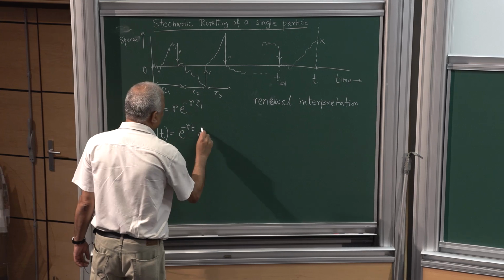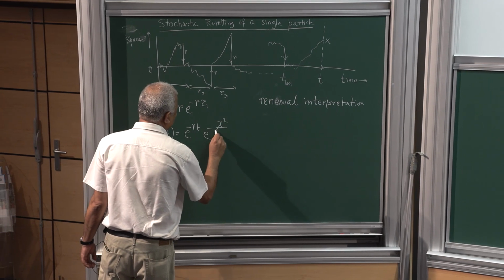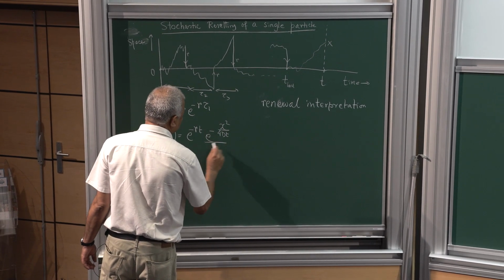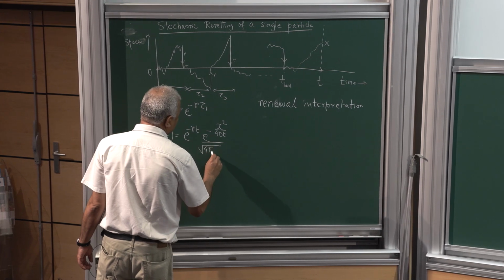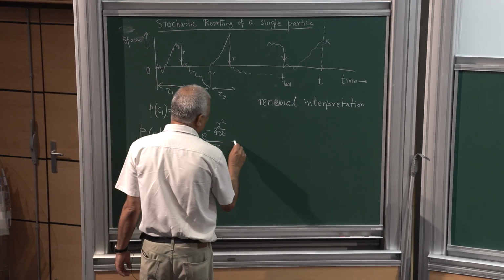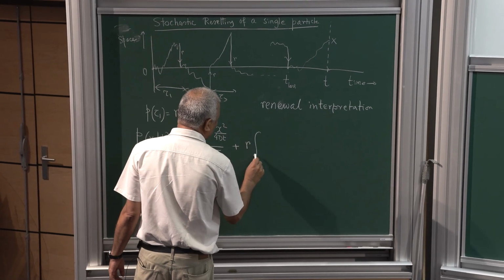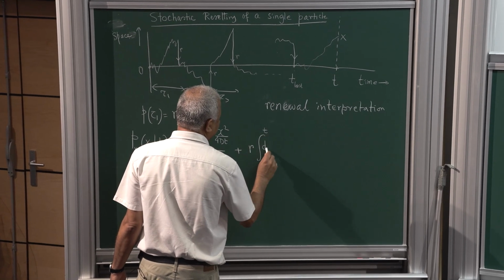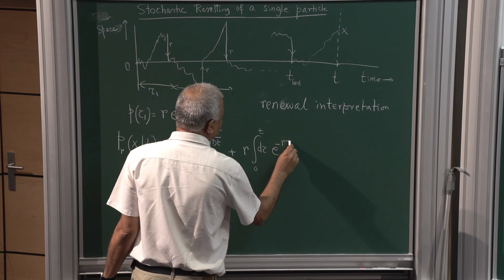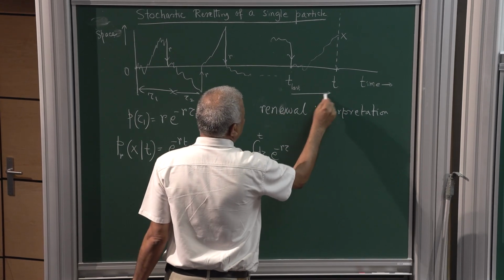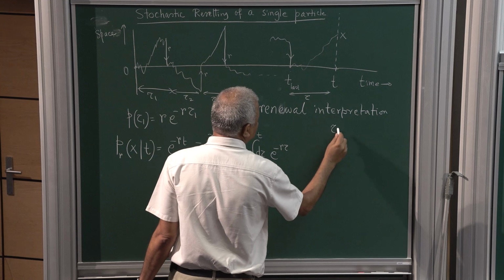So the first term is the one without resetting, when there is no resetting. And when there are one or more resettings, it's enough to look at the last time since the last resetting.